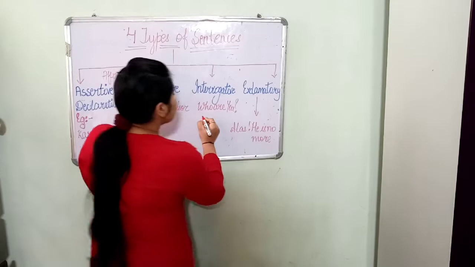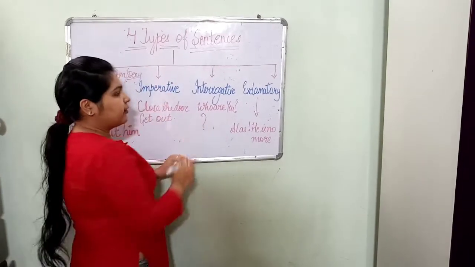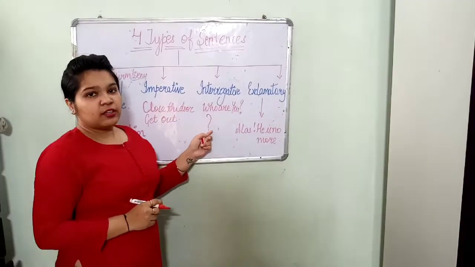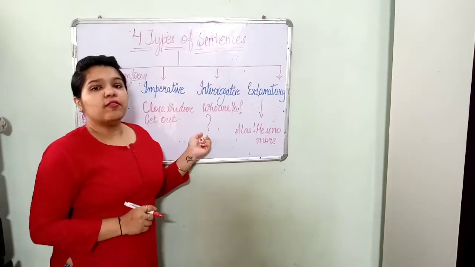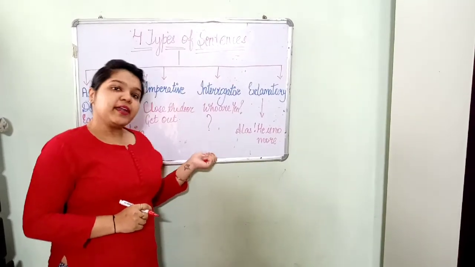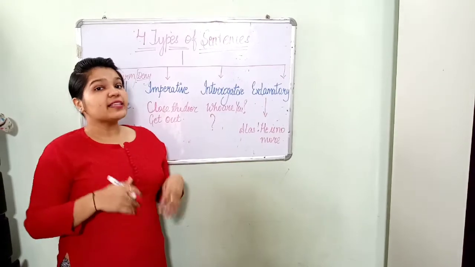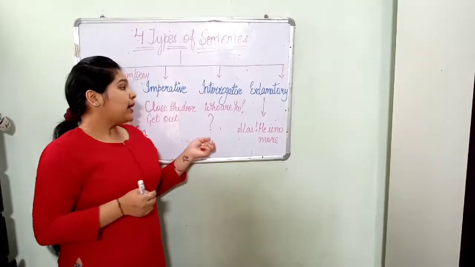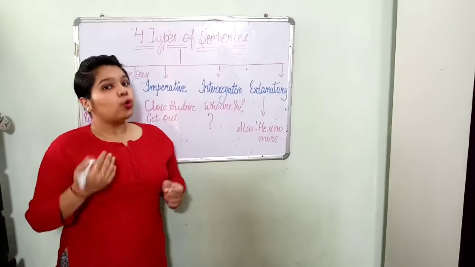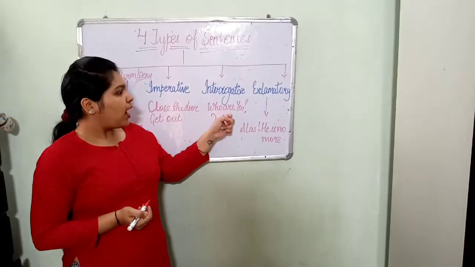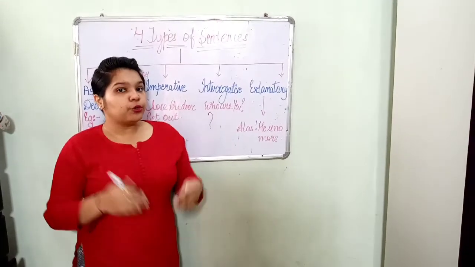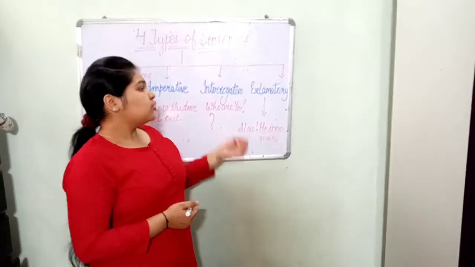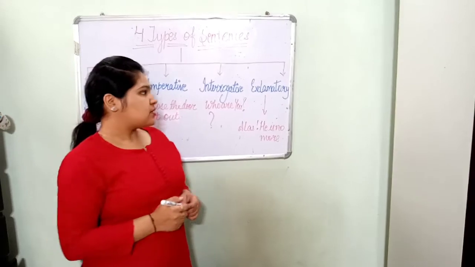If this question mark is there, you will know that it is an interrogative sentence. And in an interrogative sentence, we ask questions, like, who are you? What is your name? Where do you live? So these are all questions.